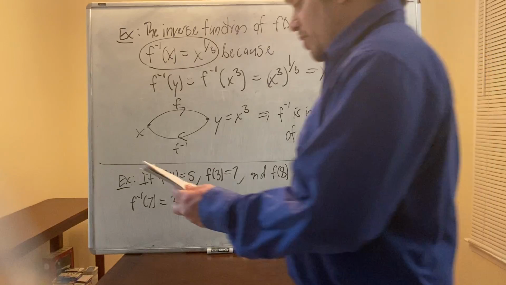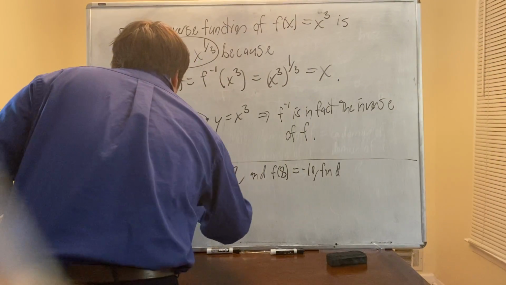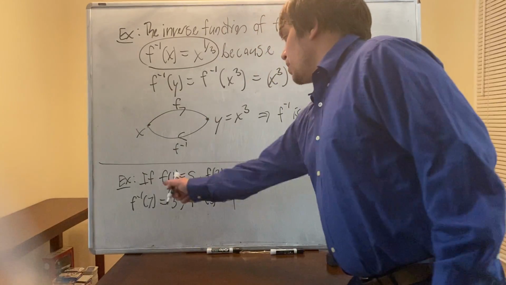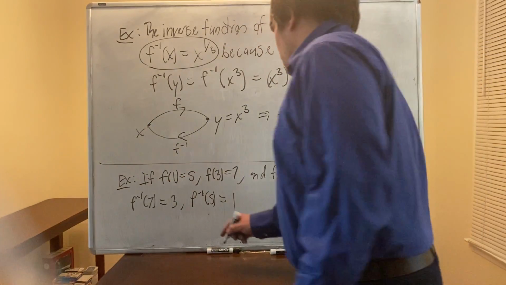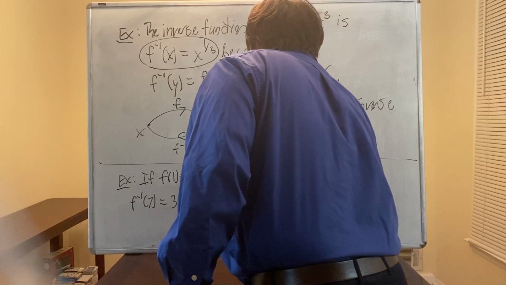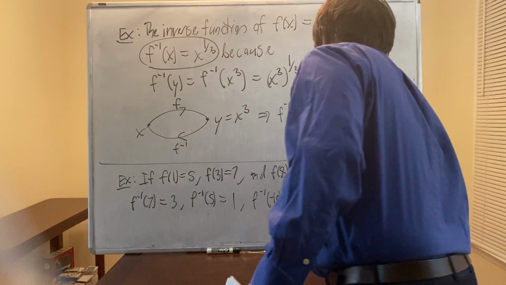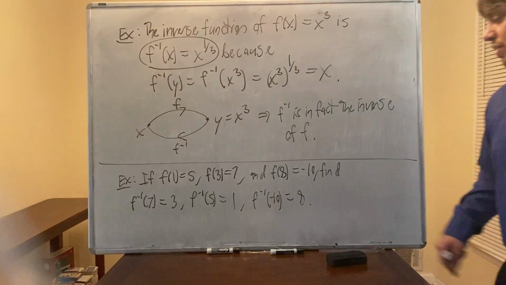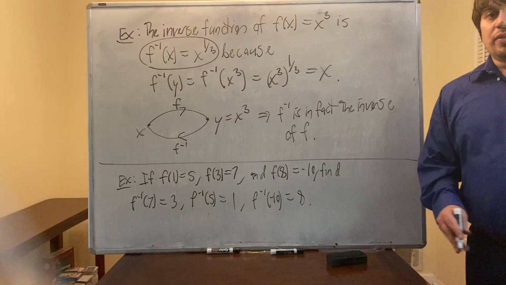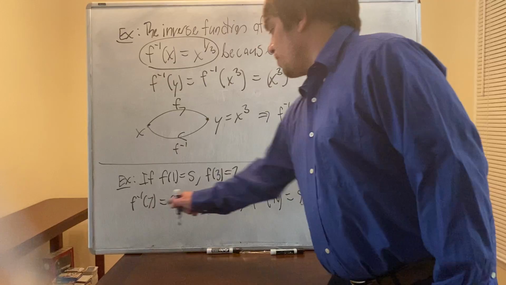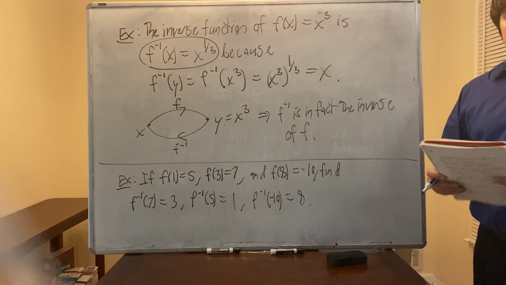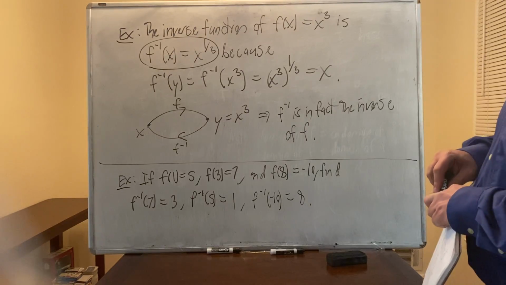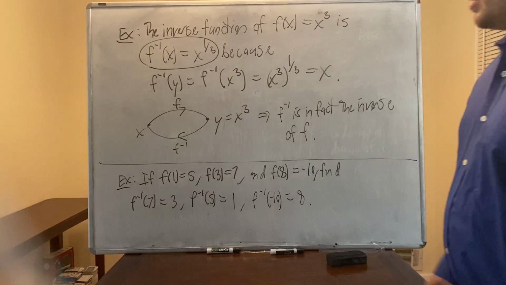F inverse of 5 is 1, because f of 1 is 5. And f inverse of -10 is 8, because f of 8 is -10. Okay, so those are the images under f inverse of 7, 5, and -10. So that's another example.